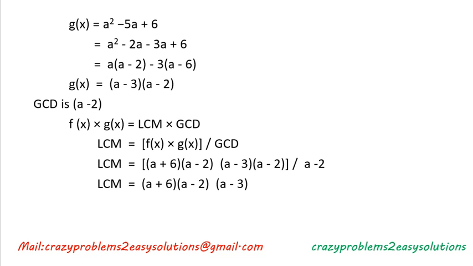That is a plus 6 into a minus 2 and a minus 3 into a minus 2, divided by a minus 2. Here a minus 2 cancels, and the remaining answer is a plus 6 into a minus 2 into a minus 3. So we find the LCM of the two polynomials.